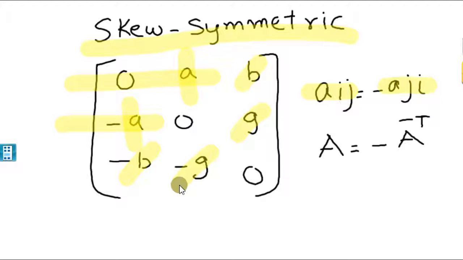Or in other words, its transpose is equal to its negative. For a skew symmetric matrix, all the diagonal elements must be 0.